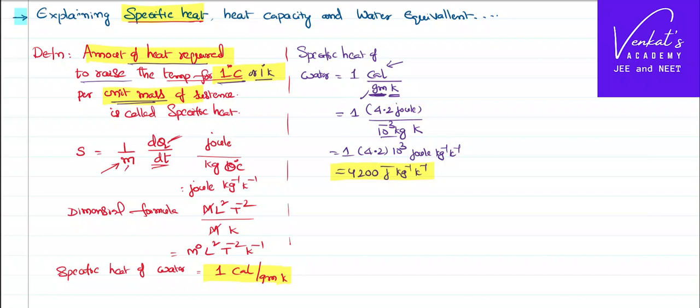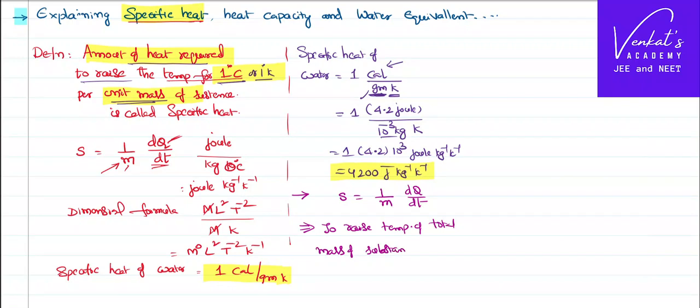Now, as I told you, it depends on the nature of the material. To extend that further, to raise the temperature of unit mass of substance, that's why I have written 1 by m. Suppose you want to raise the temperature of the total mass of any substance by 1 degree Kelvin.